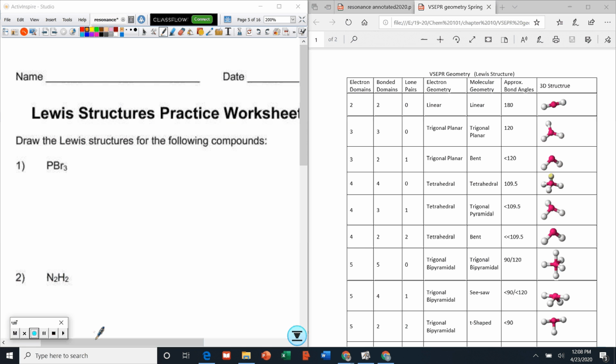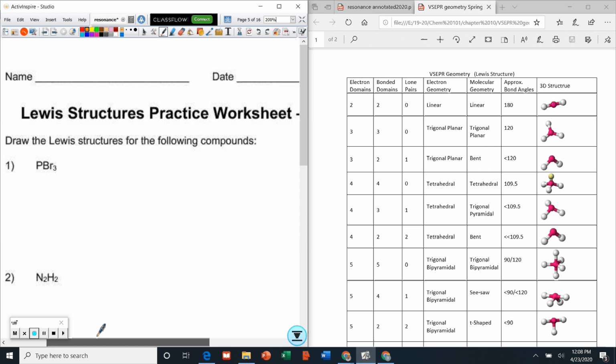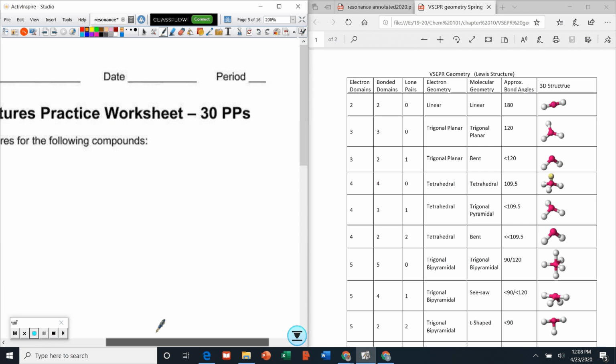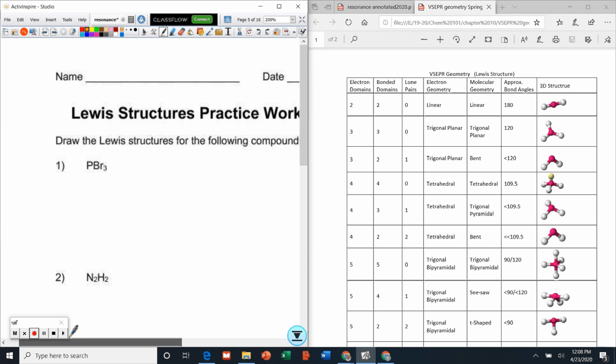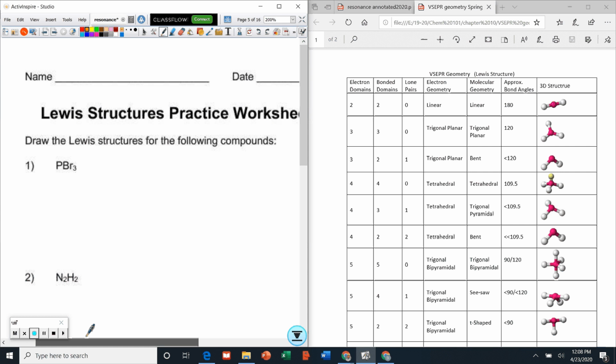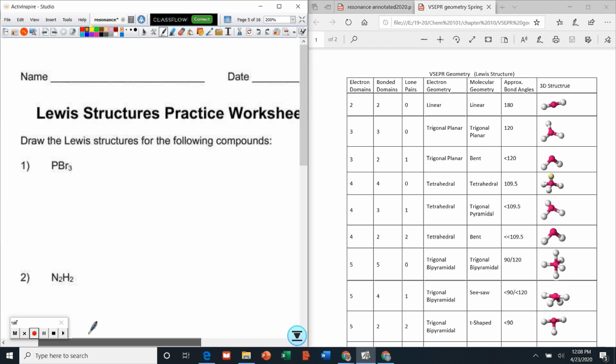All right, now I'm going to put it all together. I included this worksheet in the assignment today for you to print out, or you can just look at the elements that we're doing and do this together. I want to put all of the steps of this together. So we're going to draw the Lewis structure.